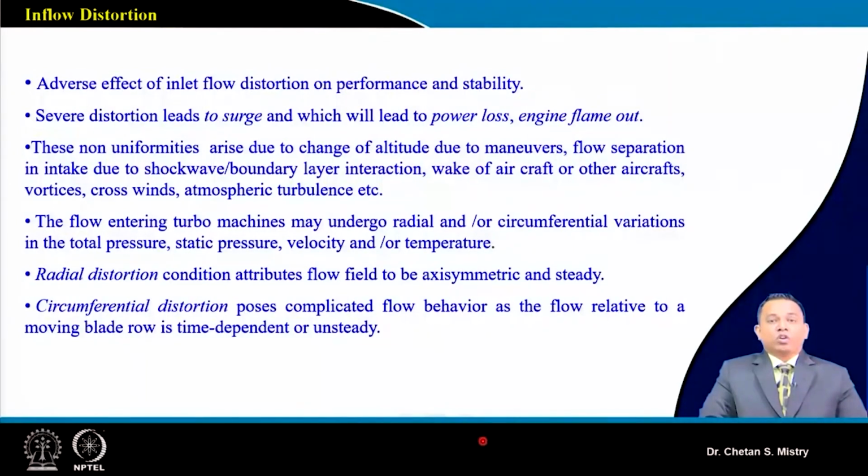Severe distortion for an engine will lead to surge, and it may be possible that we will have power loss, or maybe the engine will go into flame out. That is a complete failure of the engine, and that will be a catastrophic failure of the engine as well as the failure of the whole aircraft.